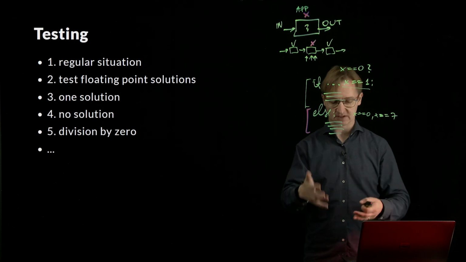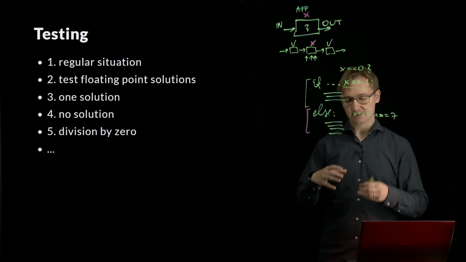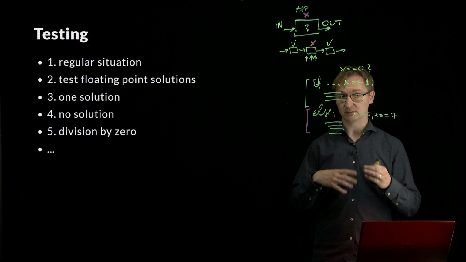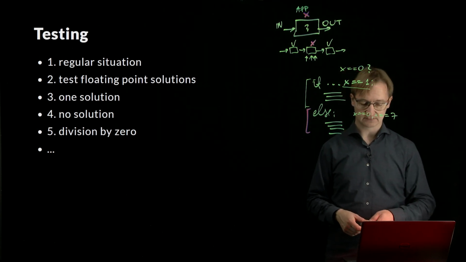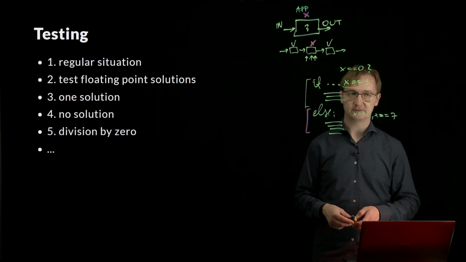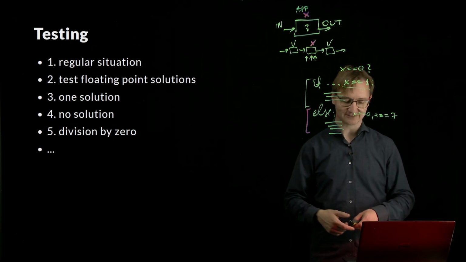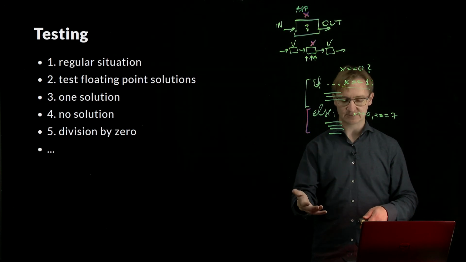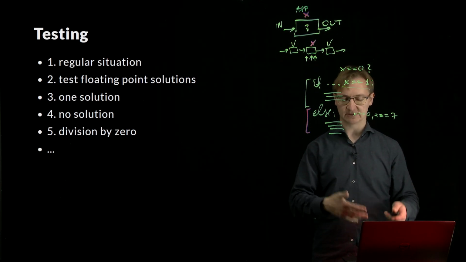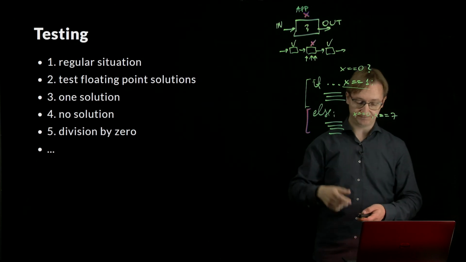I just came up with those different cases, but often you have to come up with your own cases. For example, in my function, I had to come up with those multipliers. It takes some time to come up with different cases where we get one solution, when we get no solution, and so on.